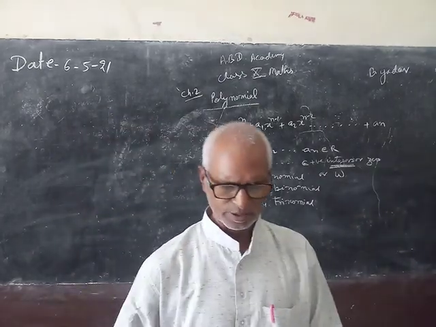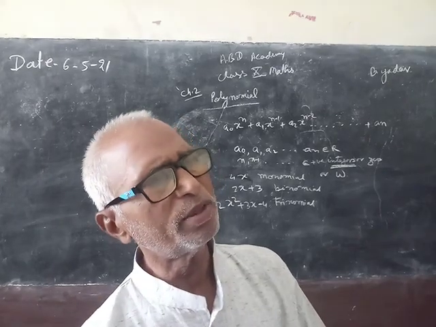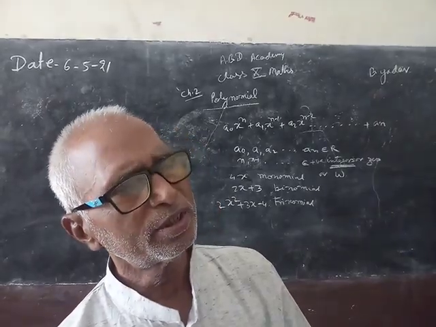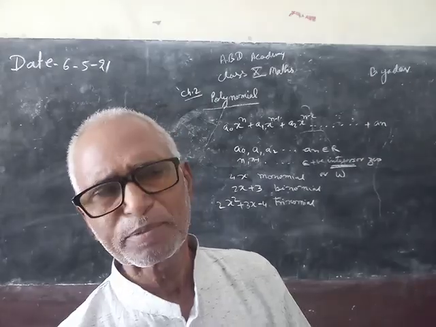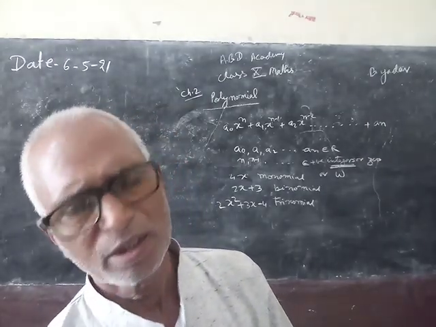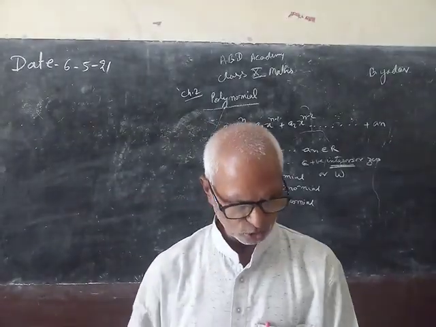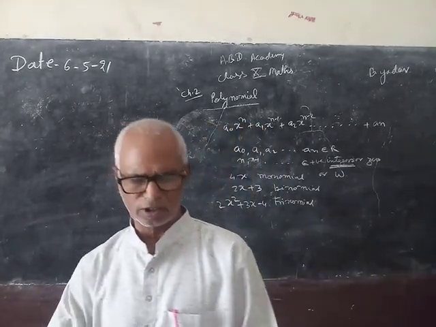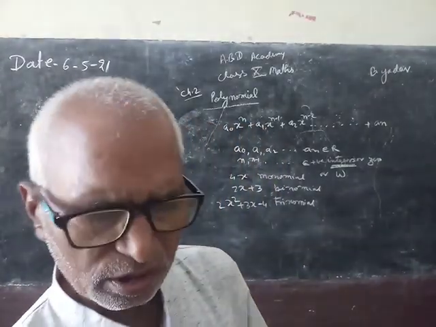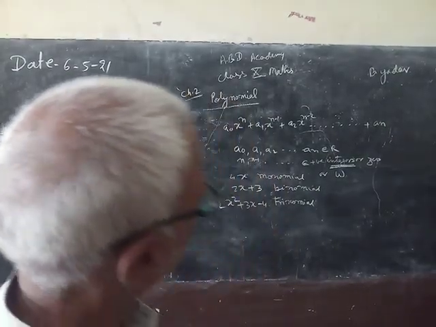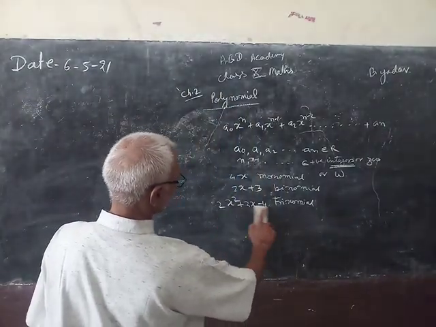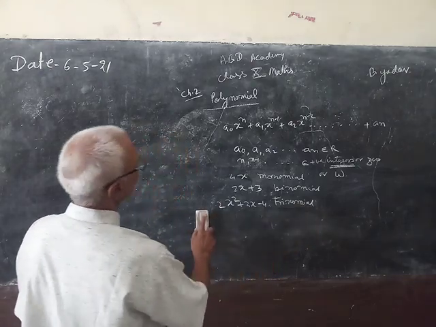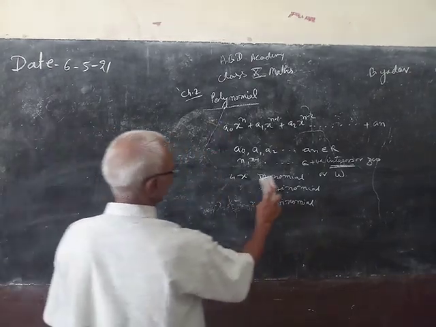After that, the general term is polynomial, maybe tetranomial, pentanomial, hexanomial, heptanomial. Hepta means 7. So let us start the exercise which is to be discussed here. Generally we will study here about trinomials in this chapter, polynomial.